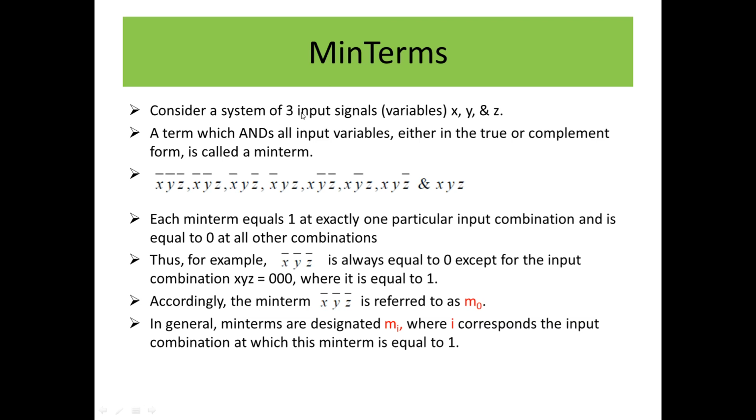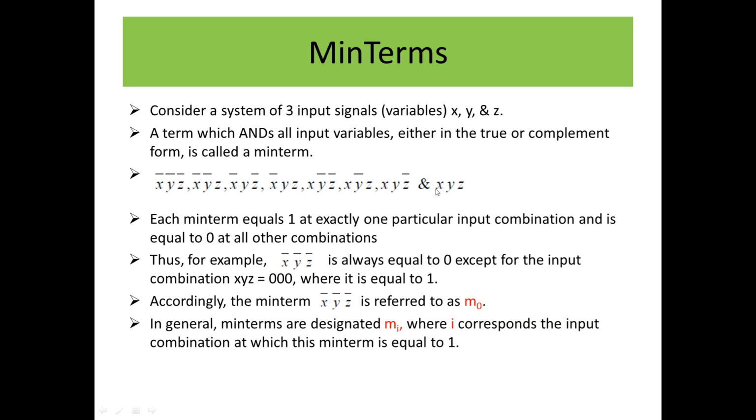If a system is having three input variables x, y, z, what all combinations can be represented? You can represent x bar, y bar, z bar. What is this? 0, 0, 0. X bar, y bar, z: 0, 0, 1. X bar, y, z bar: 0, 1, 0.